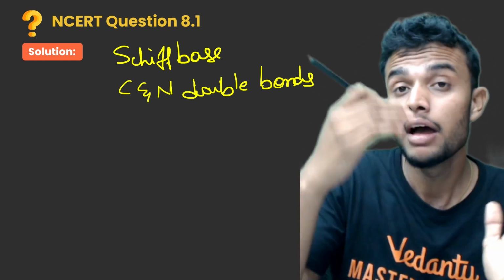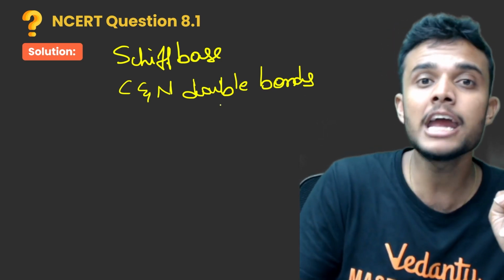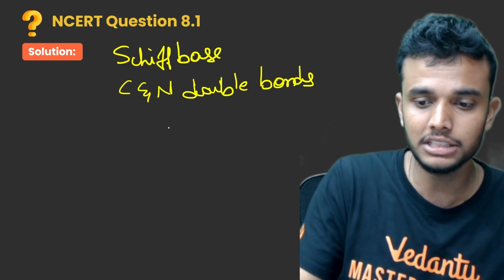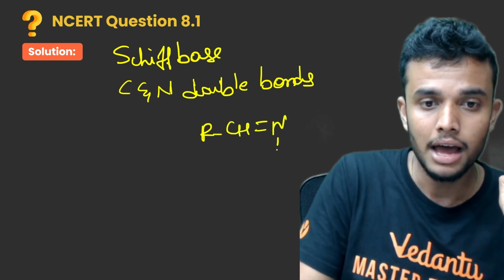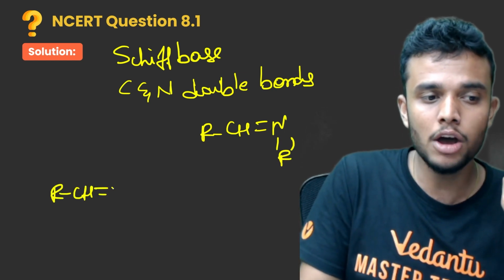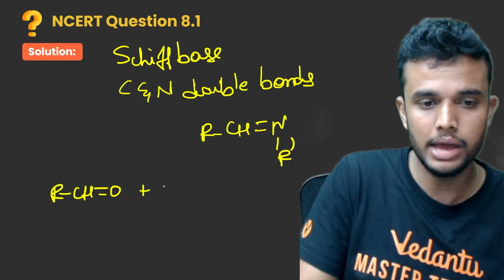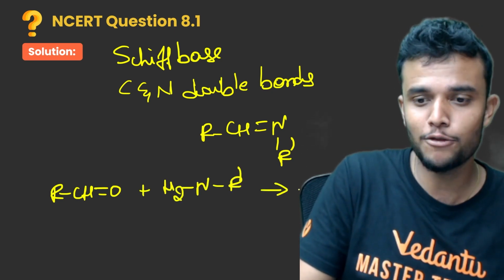If the R group is alkyl or aryl, it becomes a Schiff base. If it is hydrogen, it becomes an imine. Understood? The structure of a Schiff base is R CH=N R'. The reaction is that an aldehyde or ketone is reacted with an amine to yield a Schiff base.